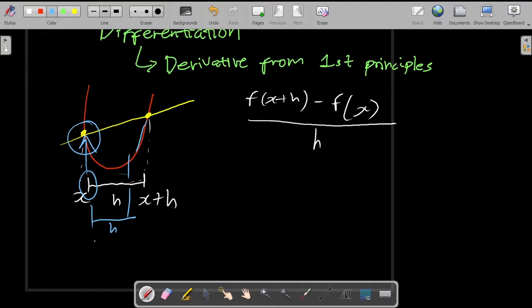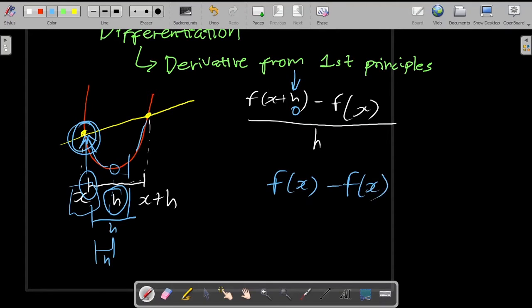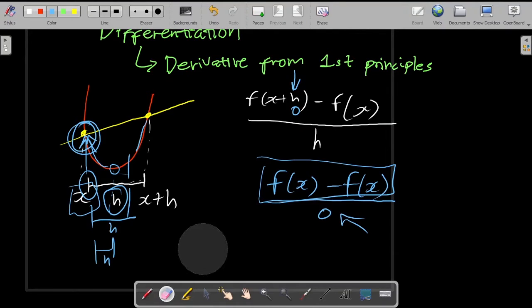So we now are going to find the gradient between the original point and a point which is basically 0 units away from that point. So we're basically finding the gradient at that specific point. But we can't directly just substitute 0 over here, because it would just be 0 in the end. And if you look at the bottom, we'd also have division by 0. So at the top we have 0, at the bottom we have division by 0. So we have 2 problems to deal with.